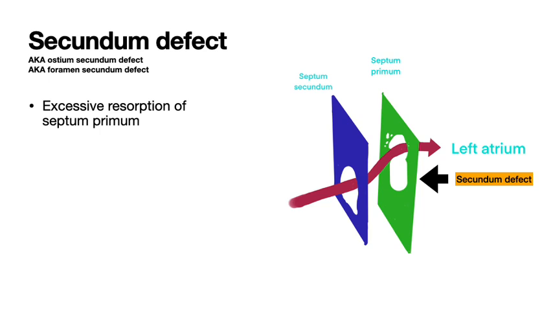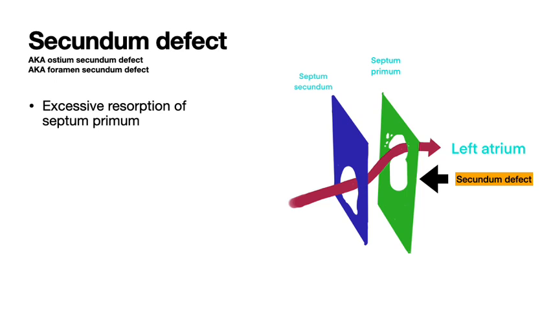So, a secundum defect is a secundum ASD, also known as an ostium secundum defect, or a foramen secundum defect. That's an important mistake, I'll fix that. So basically, it's an ostium or foramen secundum defect.